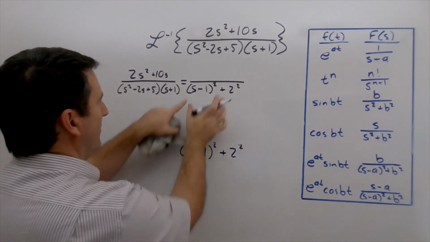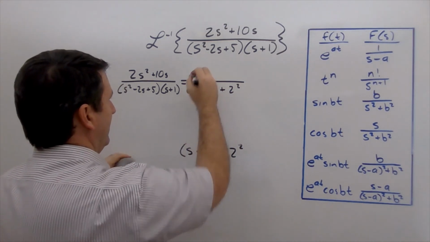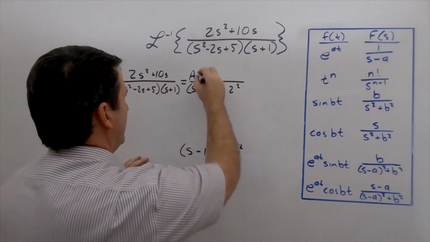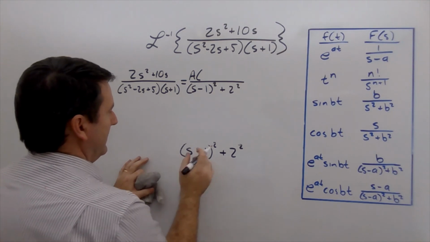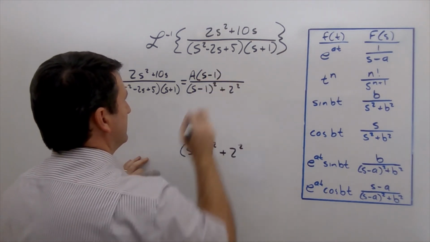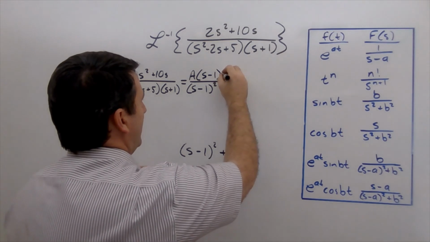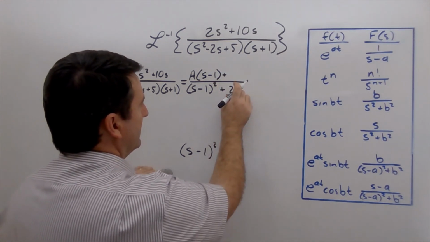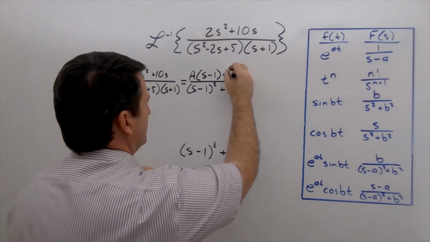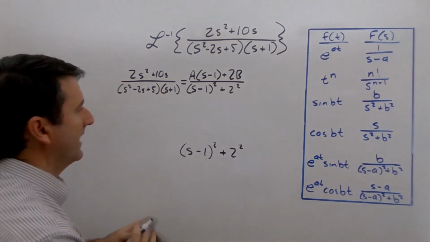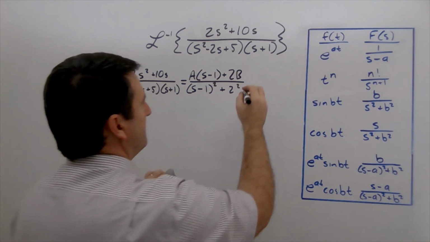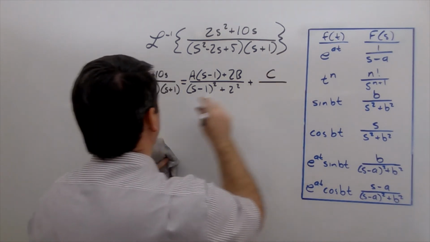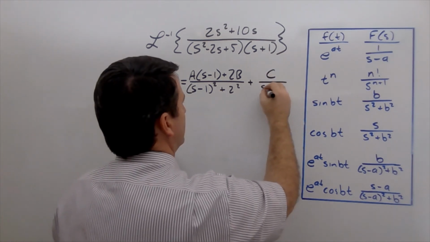And then what we're going to put on the top is a, that's the first constant that we're going to be trying to figure out, times this s minus 1, not squared, just s minus 1. And then plus this beta in our formula, times b, so 2 times b. And then the c is the same as before, so just c over our linear factor here, s plus 1.